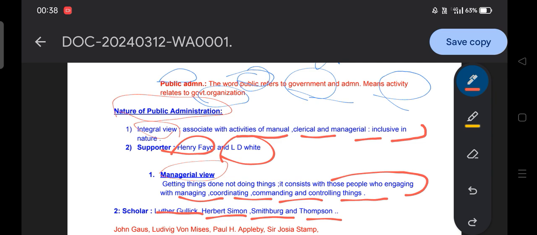This view includes only the people engaged at the topmost jobs, controlling, commanding and managing in nature. So the topmost job profiles are included in this managerial view, and the scholars include Luther Gulick, Herbert Simon, Smithburg and Thompson. They are the part of it.